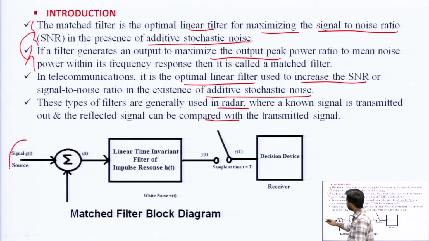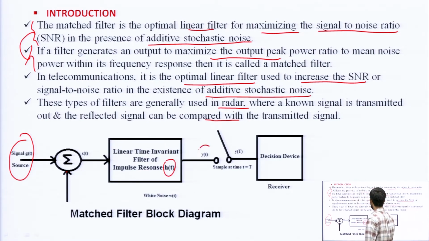This is your signal, and let us say this is your noise. The signal and noise are added, and passed through a linear time invariant filter, that is an LTI system, which has an impulse response h of t, and it gives an output y of t.